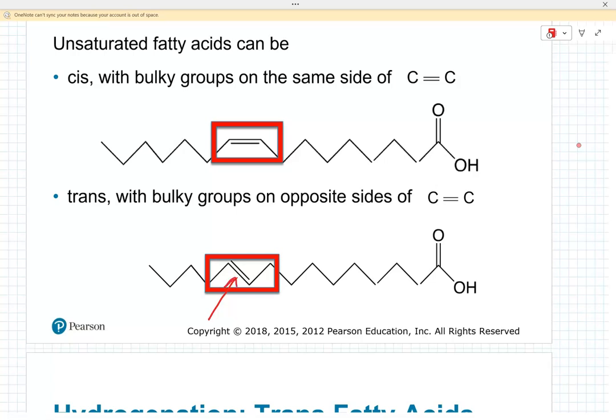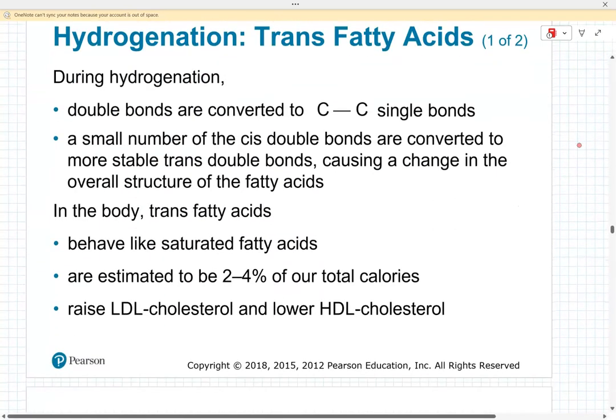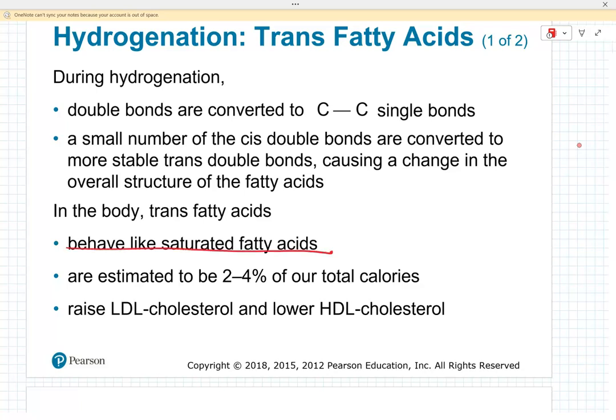Which are linear and solid. So this is wrong, they do not behave like saturated fatty acids. They behave differently.